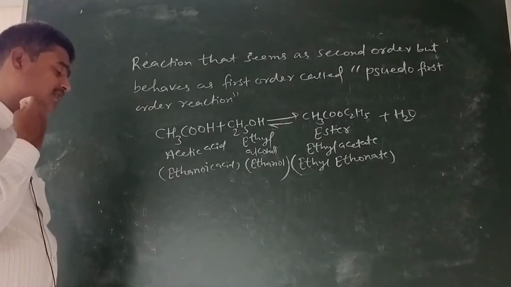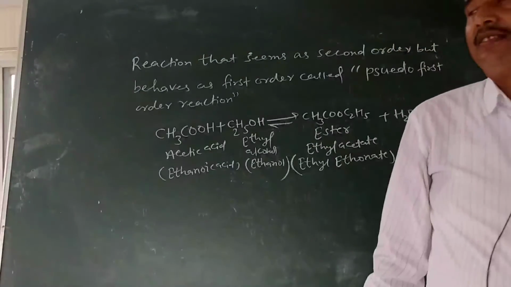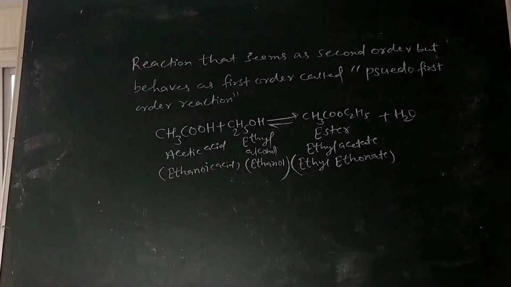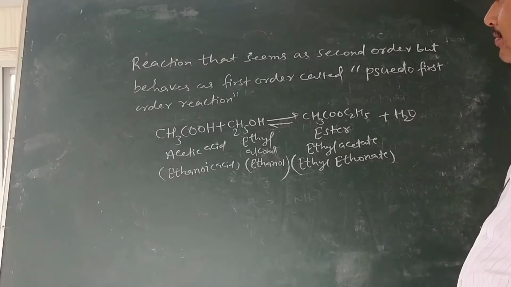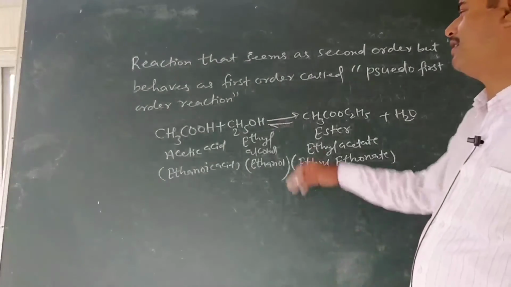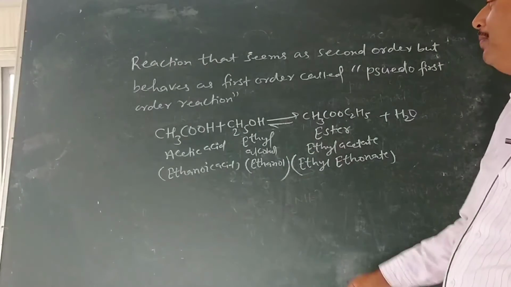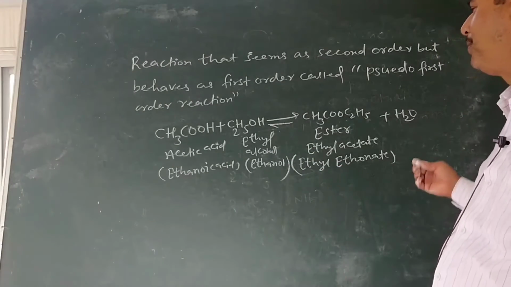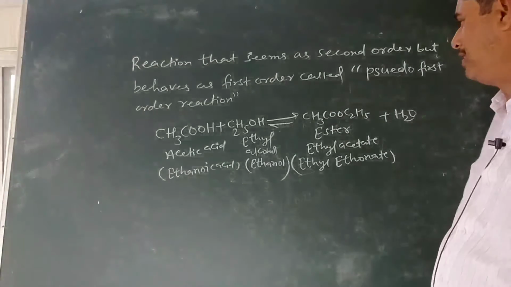In the forward reaction, rate depends on the concentration of alcohol. When the concentration of alcohol is increased, equilibrium will shift towards the right, that is, more and more ester and water are obtained.